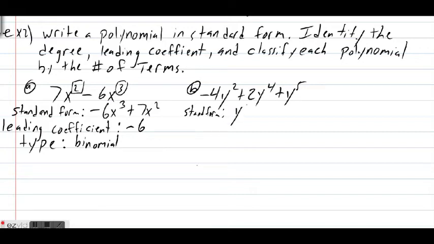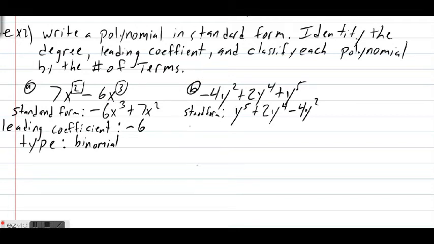So biggest exponent is the 5. So y to the 5th plus 2y to the 4th minus 4y squared. You look at the exponents, 5, 4, and then 2, and you notice the signs go along with it. That 4y squared was negative, and over here, it's still negative.